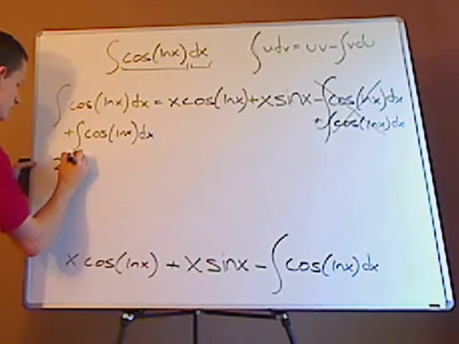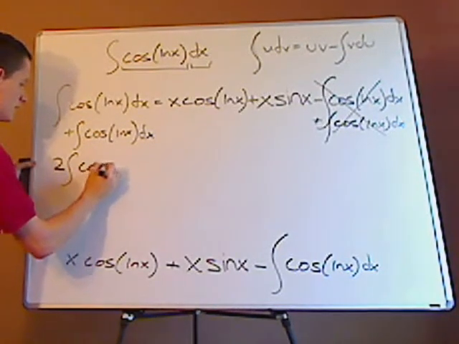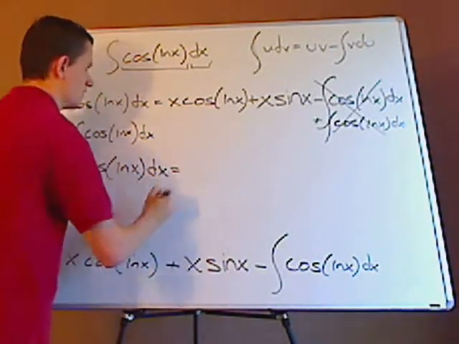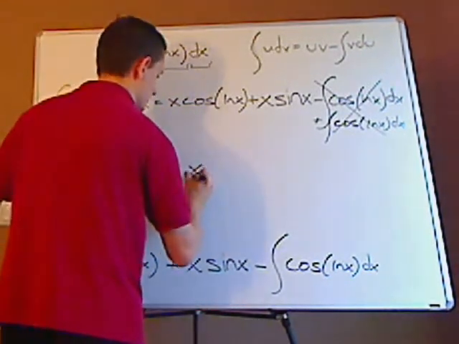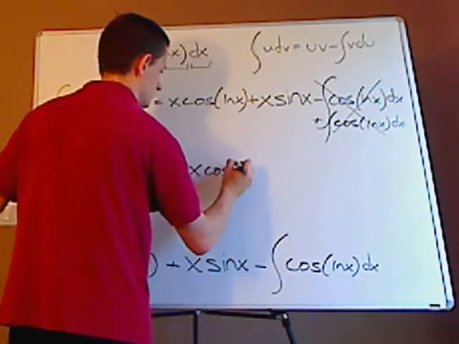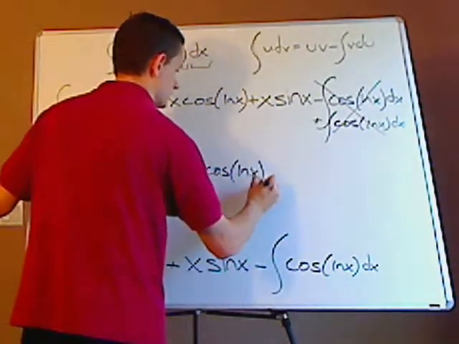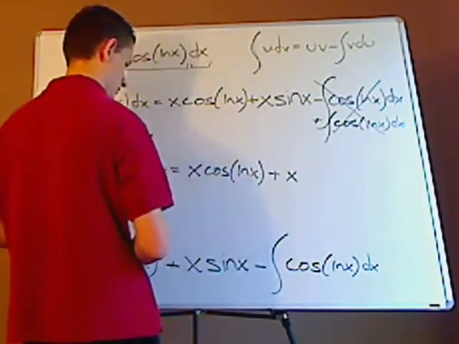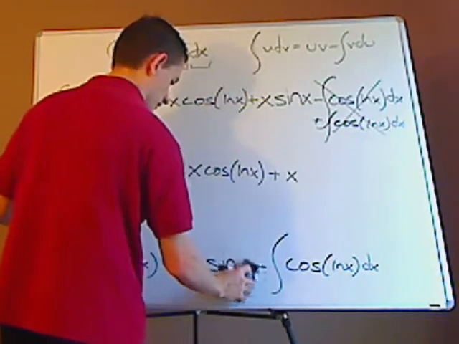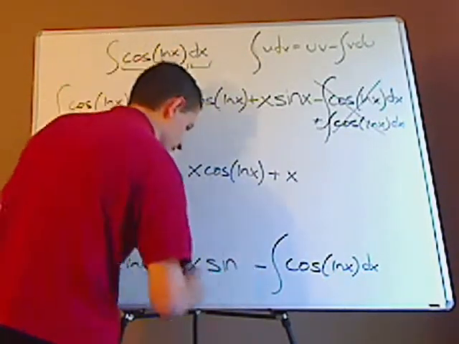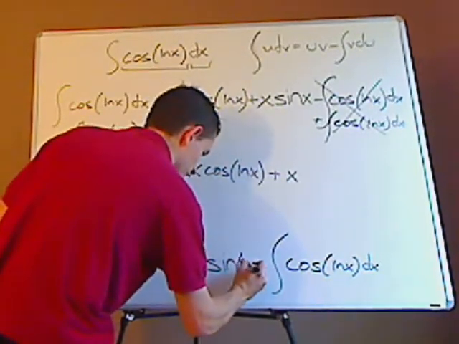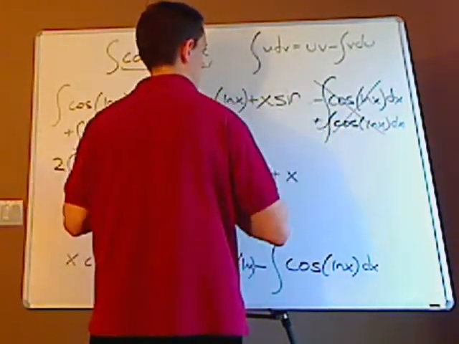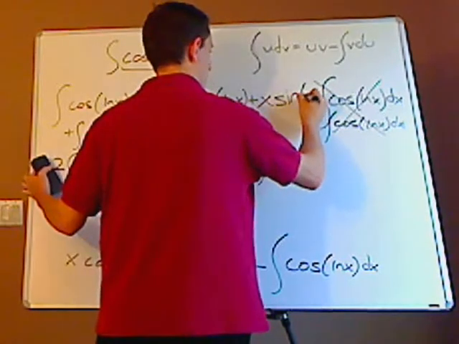So you have 2 times the integral of cosine natural log of x dx equals x cosine ln x plus x. That's incorrect. This should be a ln x. All right, so hopefully some of you guys caught that mistake.